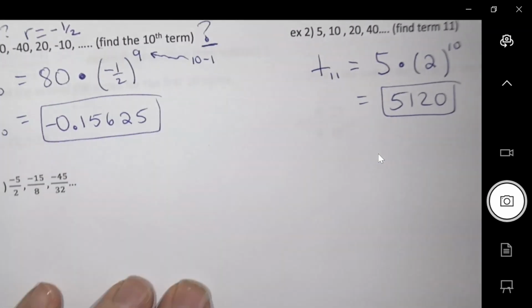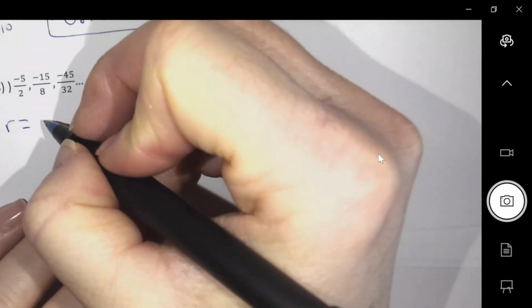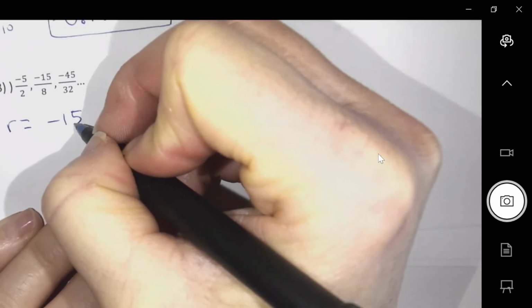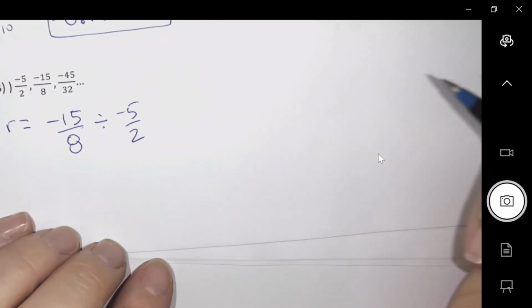Okay, number 3. Let's actually start by just figuring out what our r is. We're going to take a term and divide by a previous term to figure out what we are multiplying by. So I'm going to go with the middle term here, divide by the first term.